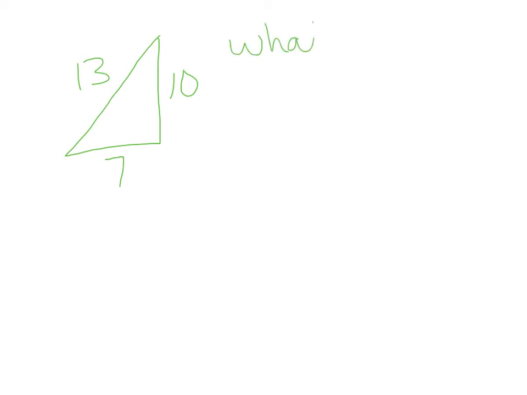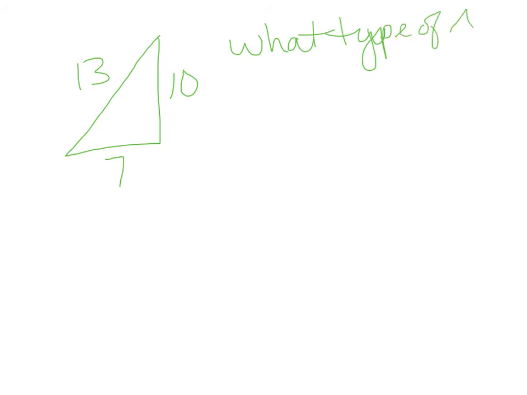Let's do an example. I'm going to draw a triangle and make it look right. Who knows really what it is. Now if I say we have 7, 10, and let's say 13, what type of triangle is this?